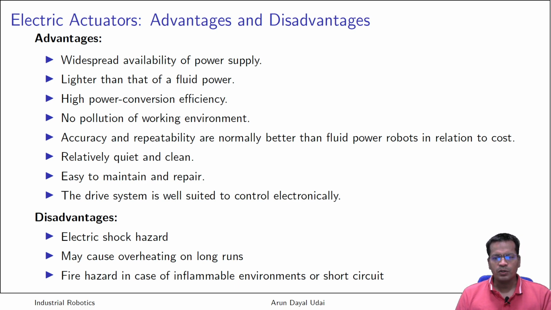Again, it can be enclosed properly and taken care of, but yes, it is a hazard. But a similar hazard is there in the case of a hydraulic power pack because that carries oil which may be inflammable. So similar disadvantages are there, but these disadvantages are not that big of a problem so as to exclude this type of system, given the many advantages which are already there.